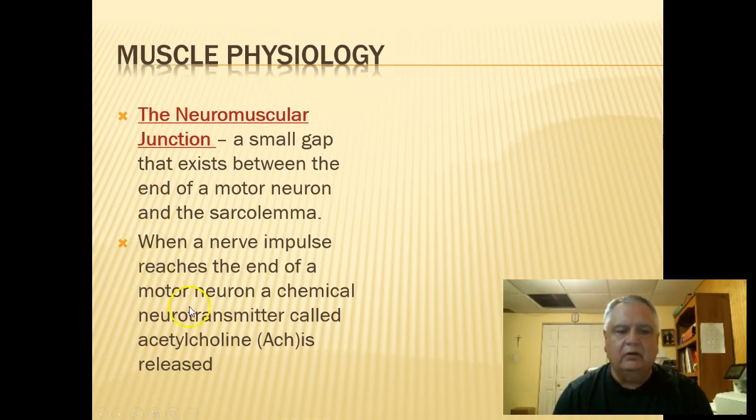In the case of a neuromuscular junction, that neurotransmitter is almost always acetylcholine, abbreviated ACH. So when a nerve impulse reaches the axon terminal that lies next to the sarcolemma, the terminal is going to release acetylcholine.